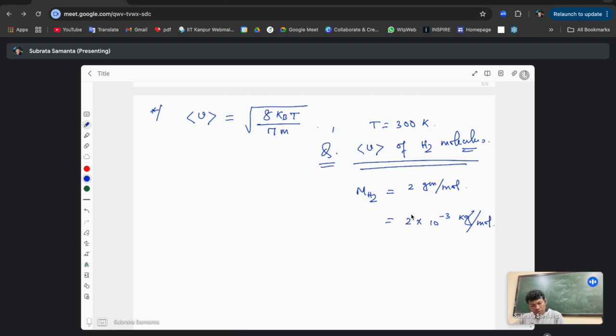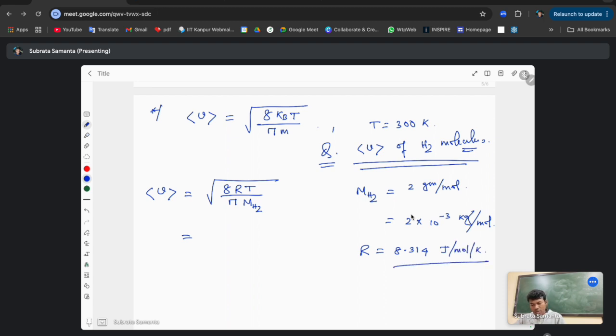Now we know that v average is basically 8kBT over pi m. If we multiply both numerator and denominator by NA, it is 8RT over pi times capital M of H2. What is the value of R? It's 8.314 joule per mole per Kelvin.